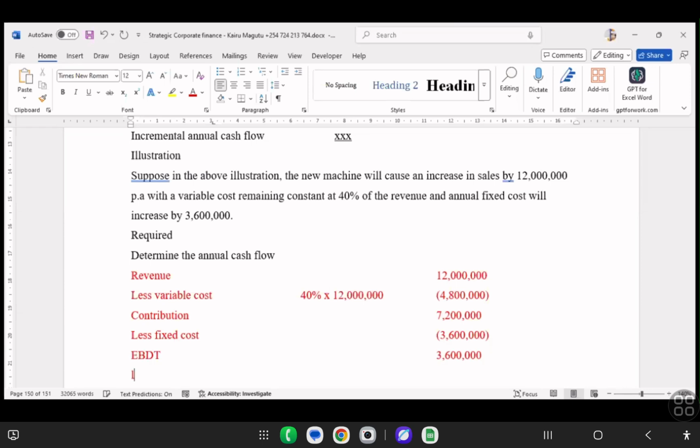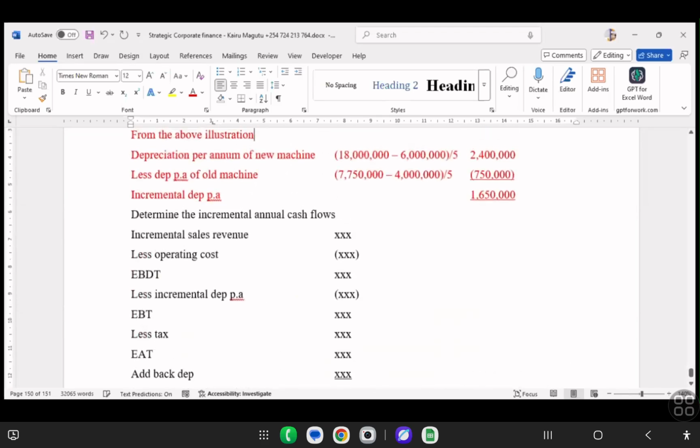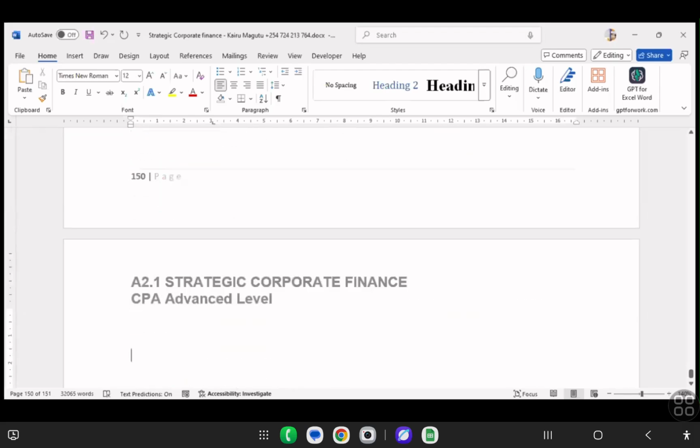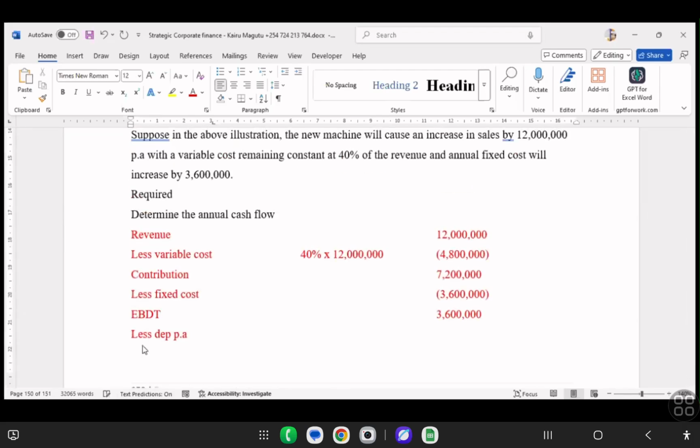3.6. We less depreciation per annum. Earnings before depreciation and tax, we had determined incremental depreciation per annum. Incremental depreciation per annum was 1650. Less incremental depreciation per annum.